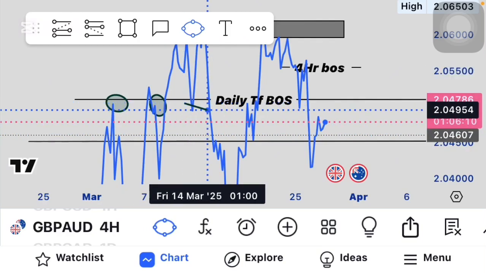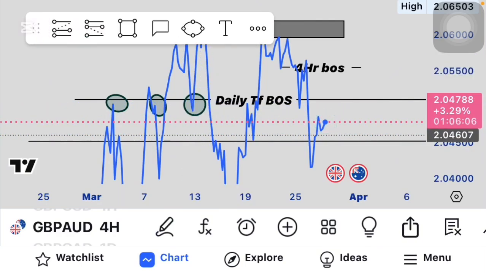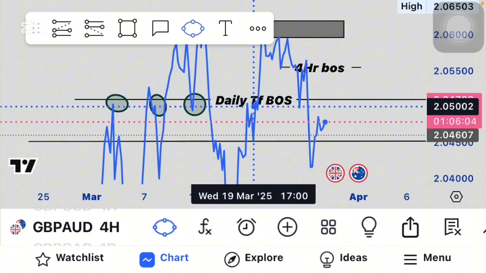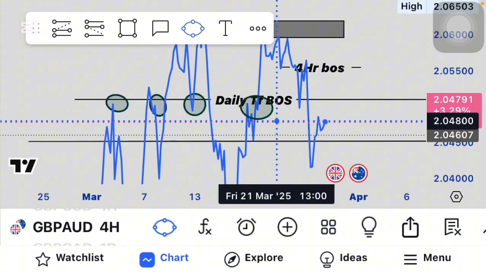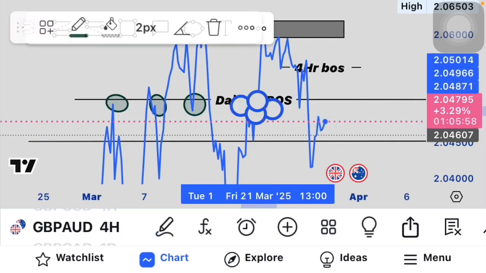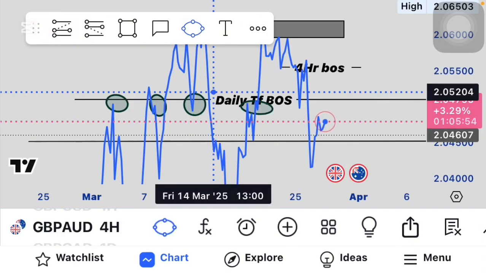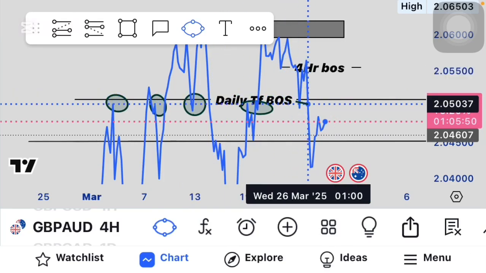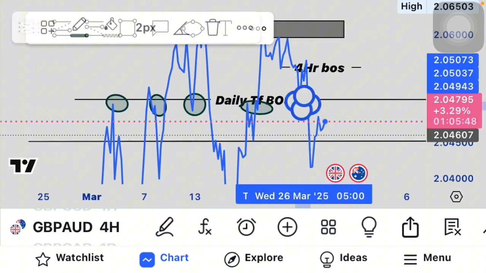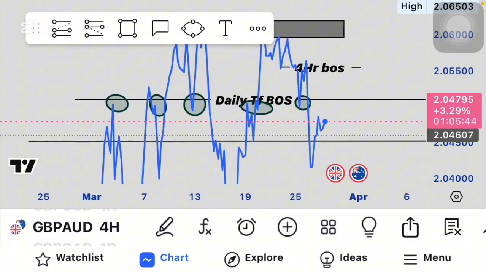We can see here there is a rejection over here, there is a push. You can see also that this whole zone, I can just call it one, but there's a kind of a rejection also over there. I can see that there's a rejection over here also, and that same zone is the daily time frame break of structure.